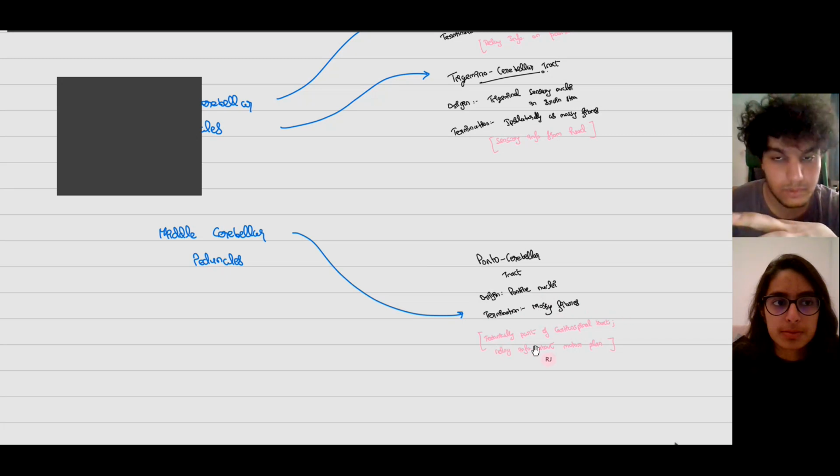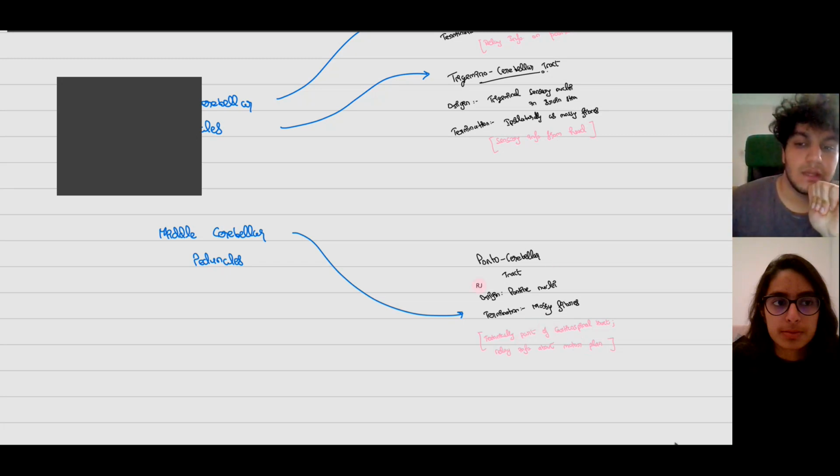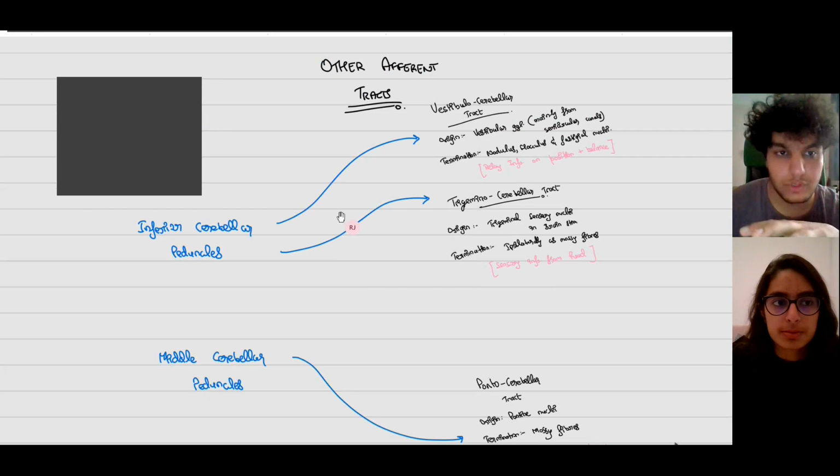And what does it carry? It carries information about the motor plan. And like I said, technically it is a part of your corticospinal tract or your descending motor pathways, because according to the cerebrum, it's an efferent path, but for your cerebellum, it will be an afferent path because it is coming into the cerebellum as well, right? So it's just a technicality for you to remember, but yeah, these are the main 7 tracts, right?